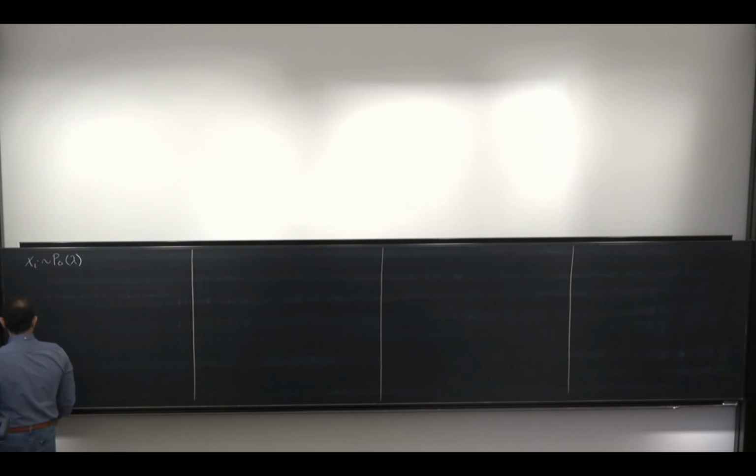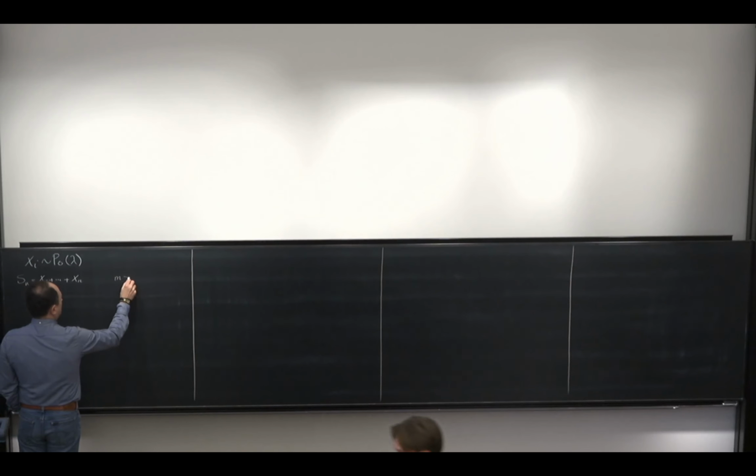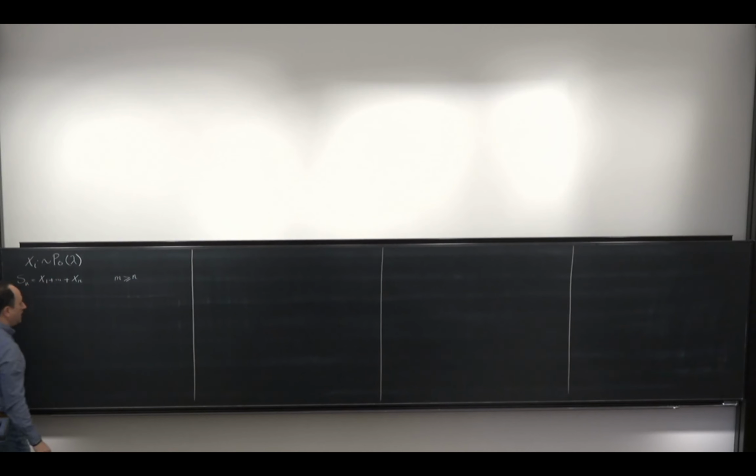Okay, so the first part is easy. So we want to calculate, so Sn is defined to be X1 up to Xn, and then they have told us that m is a natural number greater than or equal to n, and then we are supposed to calculate E of Sm provided Sn. Yes?